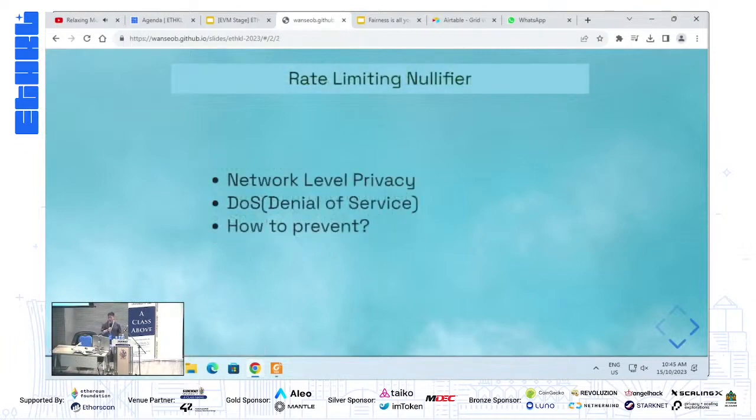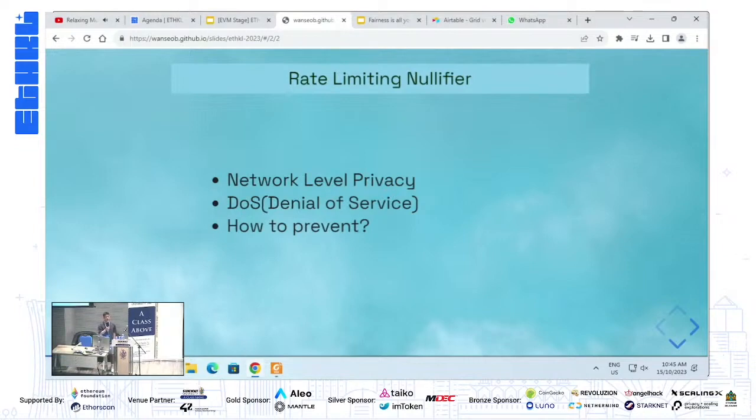First of all, rate limiting nullifier is a tool to protect ourselves from DDoS attacks, spam attacks, when we have network level privacy, which means imagine that we have network level privacy, which means the server does not know who is requesting the information.